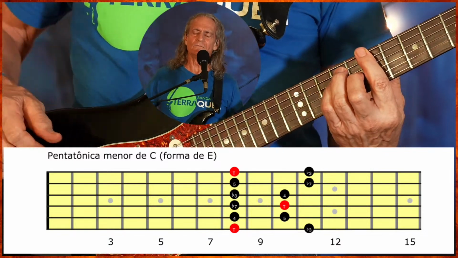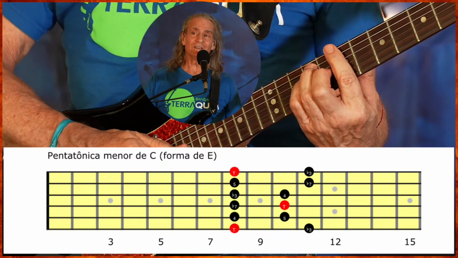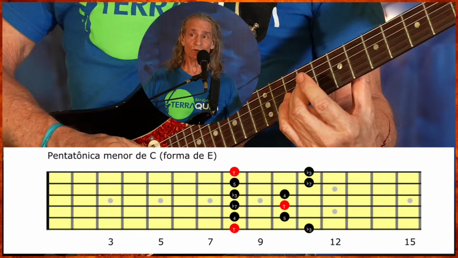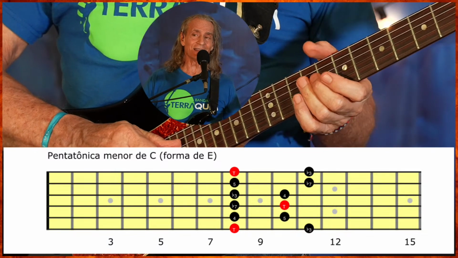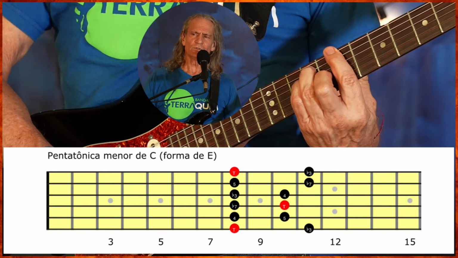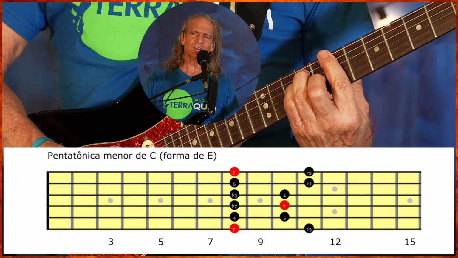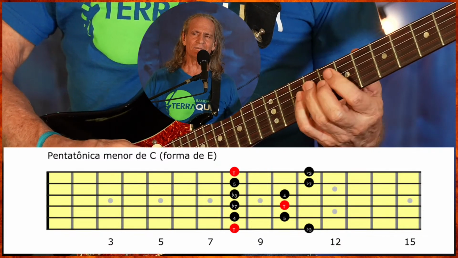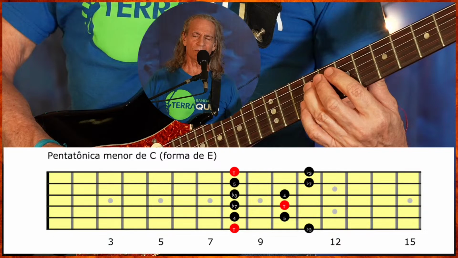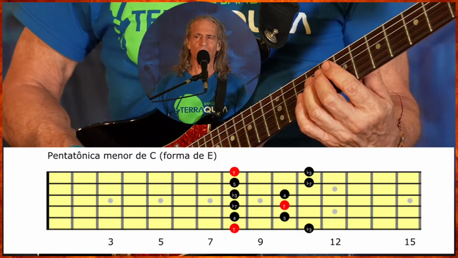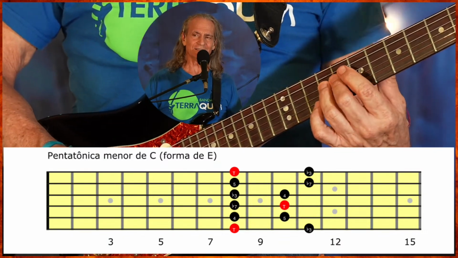So where's the E chord? You see the red dot in the middle on the 5th string, on the 10th fret? That's a C.